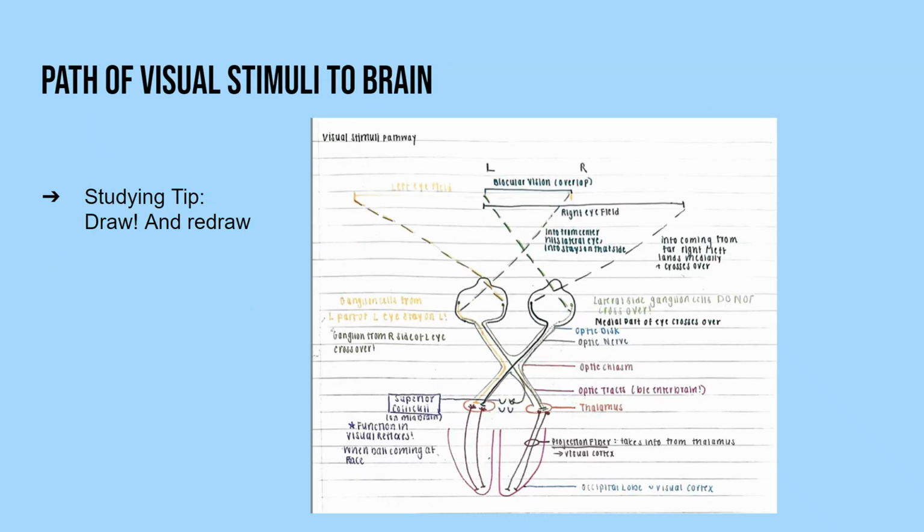Okay, so this is a drawing of the path of sensory information from your eyes to the brain. Like we talked about, the lateral ganglion cells do not cross over, whereas the medial ones do cross over, as you can see.